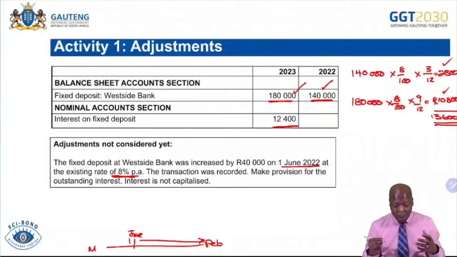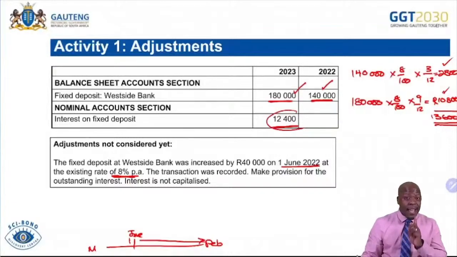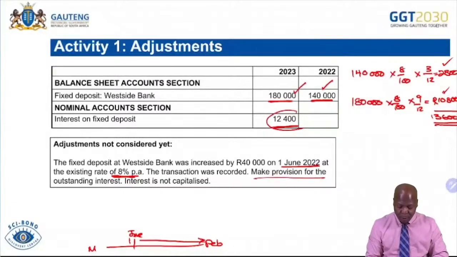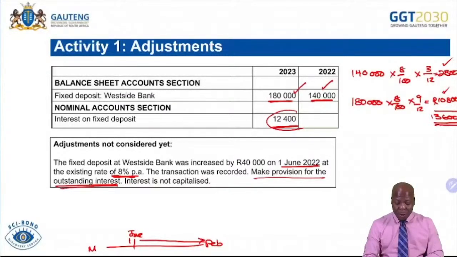But according to our trial balance, we have received only 12,400. Hence, the adjustment reads, make provision for the outstanding interest. That means what we have received, which is 12.4, is not what we have earned. We have earned 13.6.